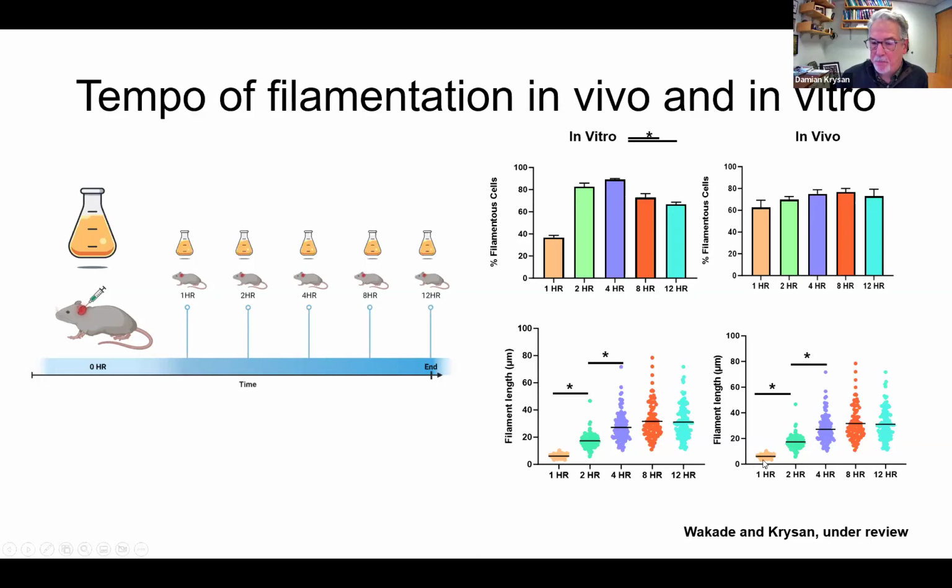A similar pattern is seen in vivo. So the main difference here is that it takes a little longer for in vitro to get going, and then it appears to taper off. Whereas in vivo, we don't see any real change in the total percentage of filaments that are present over at least 12 hours, and we've done this out to 24, and it really doesn't change at 24 hours either.